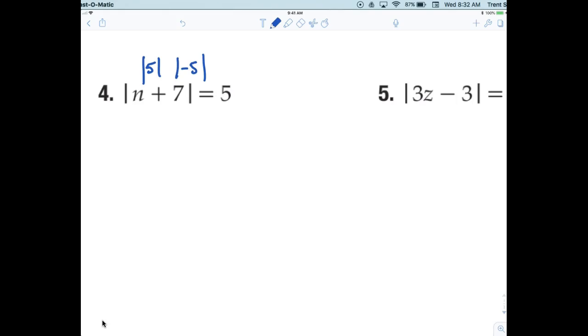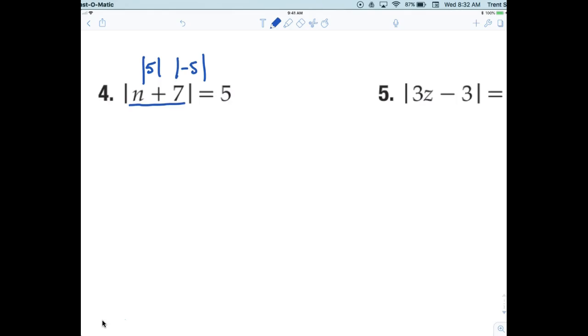So I know this n plus 7 can be either 5 or negative 5. Your objective is to figure out what value for n makes it 5 or what value of n makes it negative 5.